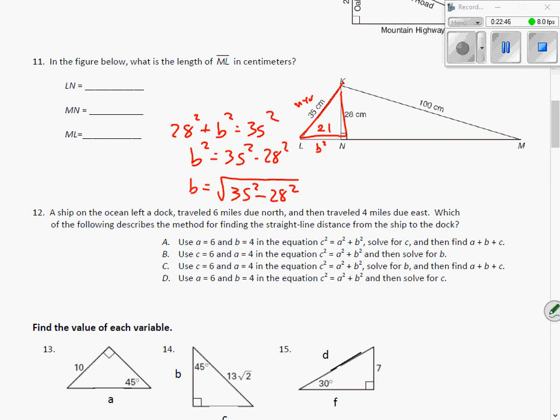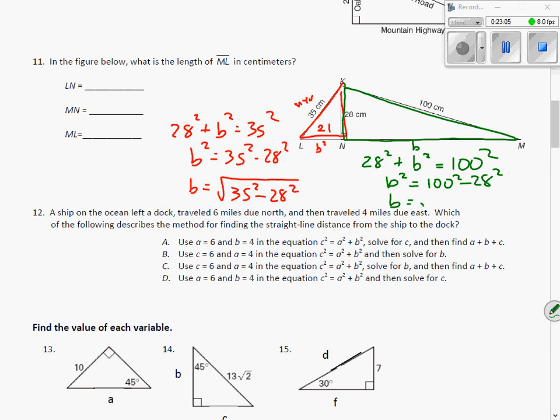Now I go over here to this right triangle. I have a hypotenuse of 100 plus, call this one b. So b squared is 100 squared minus 28 squared.